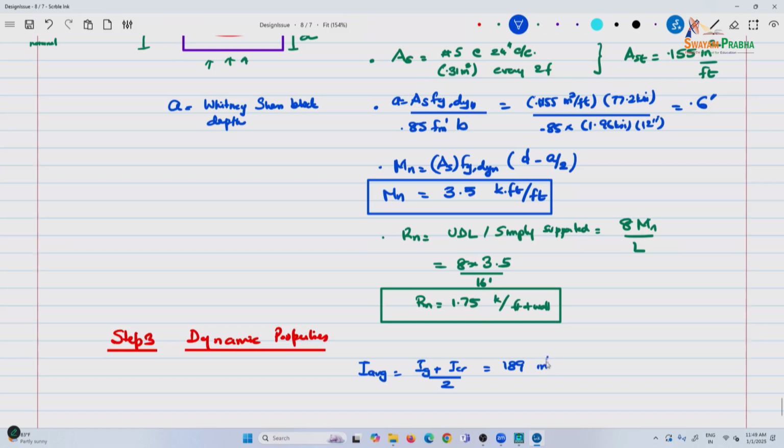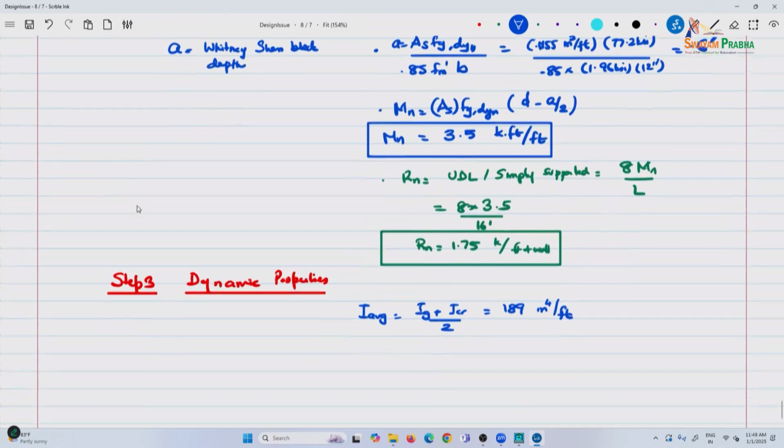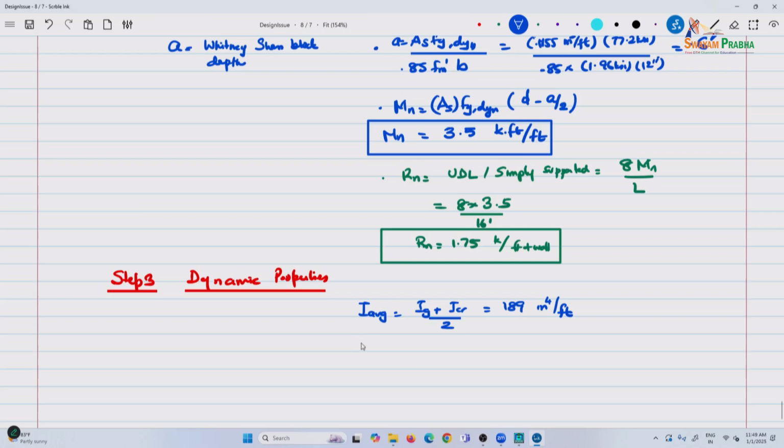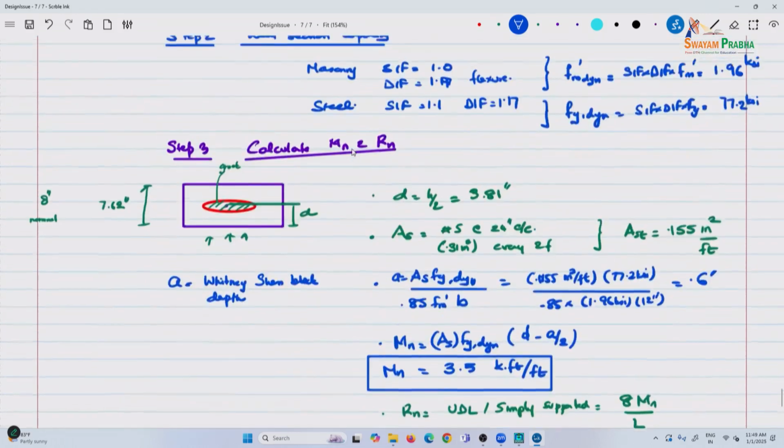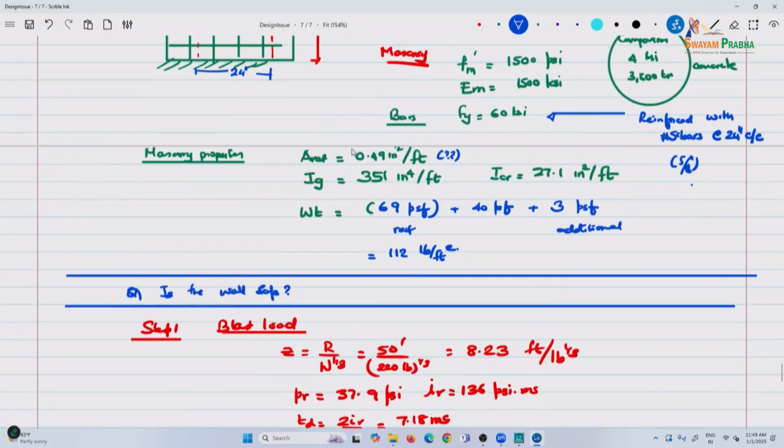They will give you these values in a table for different block sizes, so that is very convenient, and ME is KLM, which is 0.78, and the mass is we calculated 112 pounds per square foot.